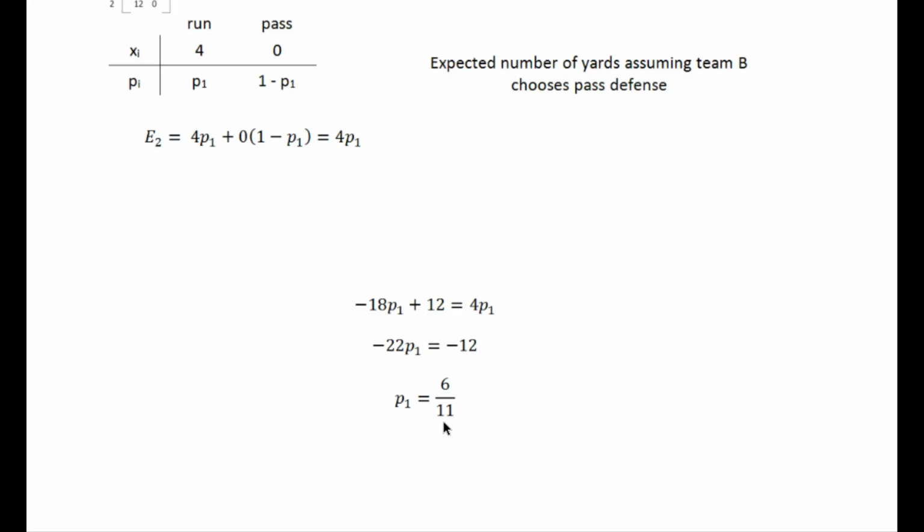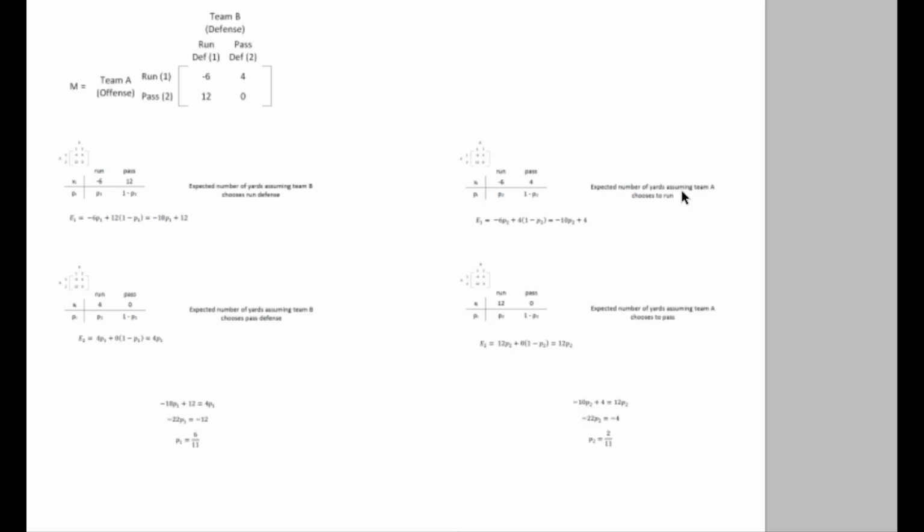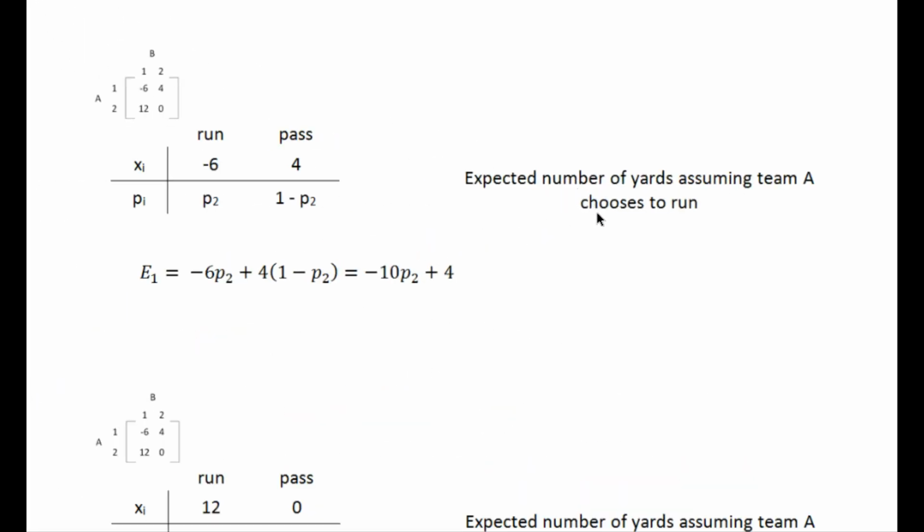Alright, so now that we know the optimal strategy of Team A, what we want to do is find the optimal strategy for Team B, and that's basically the same process, just looking at the numbers for Team B. We first want to find the expected number of yards that Team B will gain, assuming Team A chooses to run. Notice that the expected number of yards for B is based on what A does.